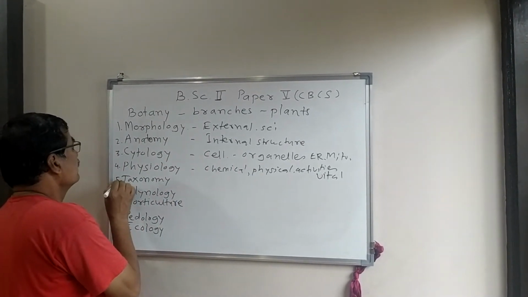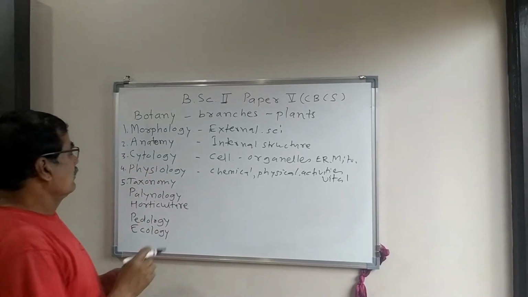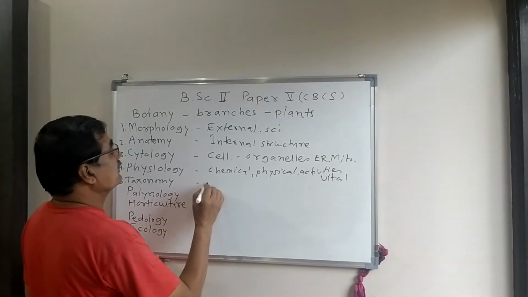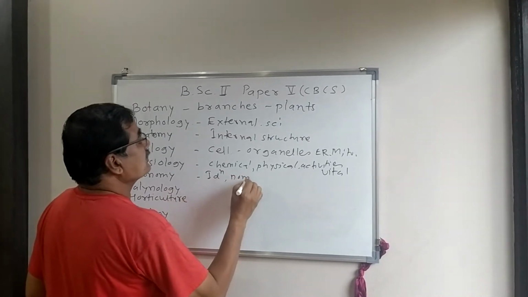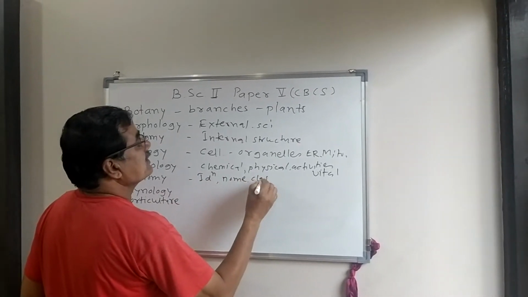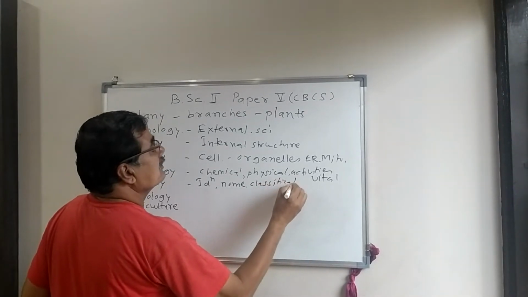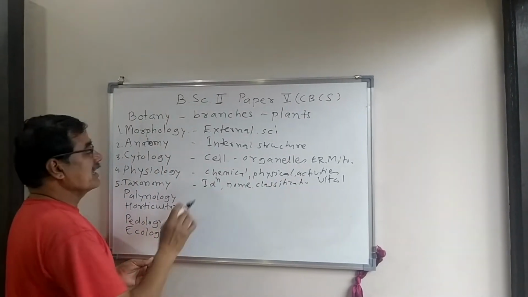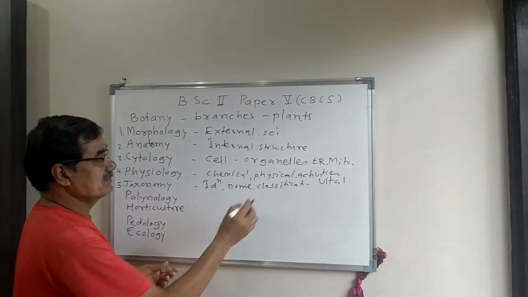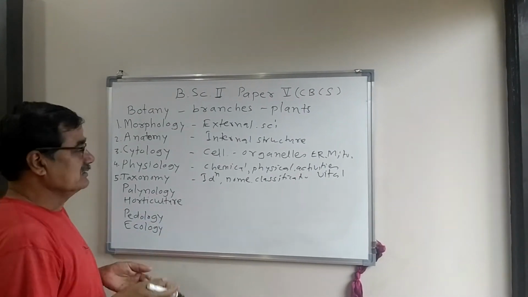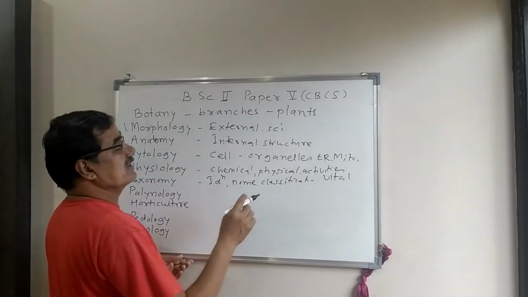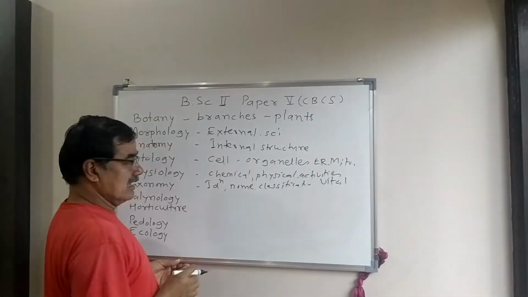In taxonomy, plant taxonomy deals with the identification, nomenclature, and classification of plants. The identification, nomenclature, and classification are based upon the external structures, that is the root, stem, leaves, and floral structures. They are important.